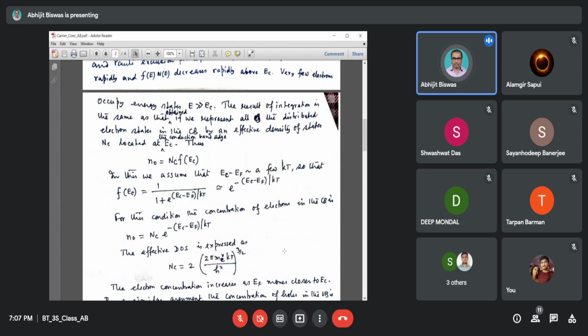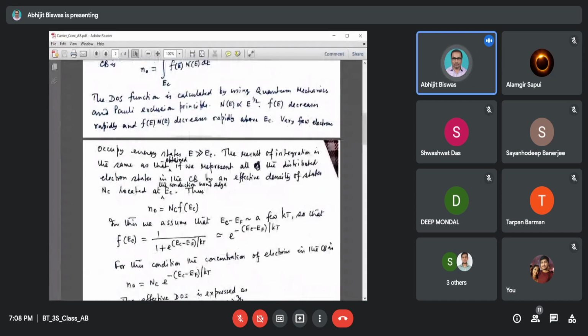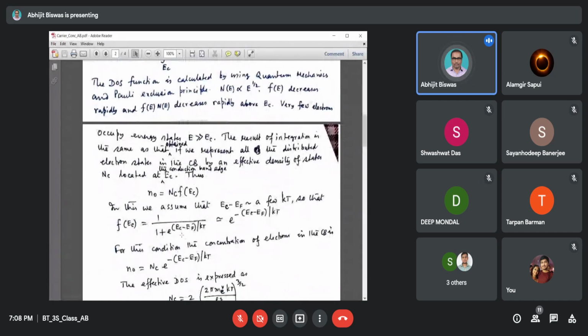So I have written here that the result of integration is the same as that obtained if we represent all the distributed electron states in the conduction band by an effective density of states NC located at EC. Therefore, this integration will reduce to a simple form, n0 equal to NC into F of EC.